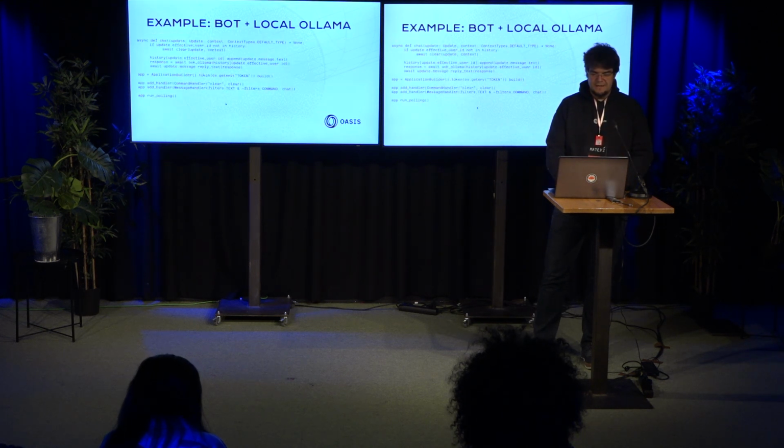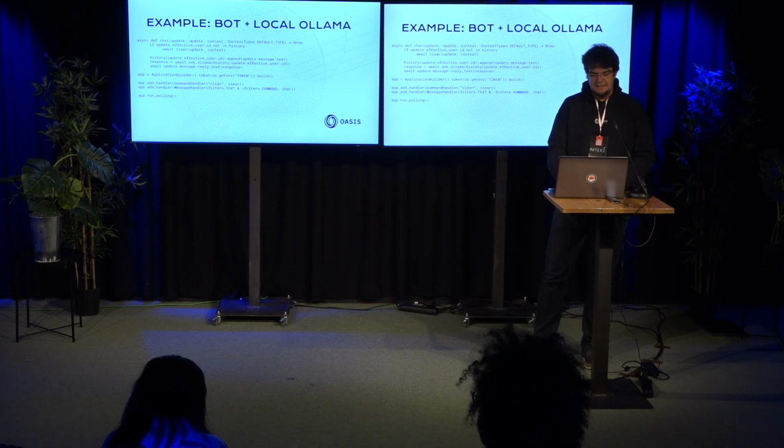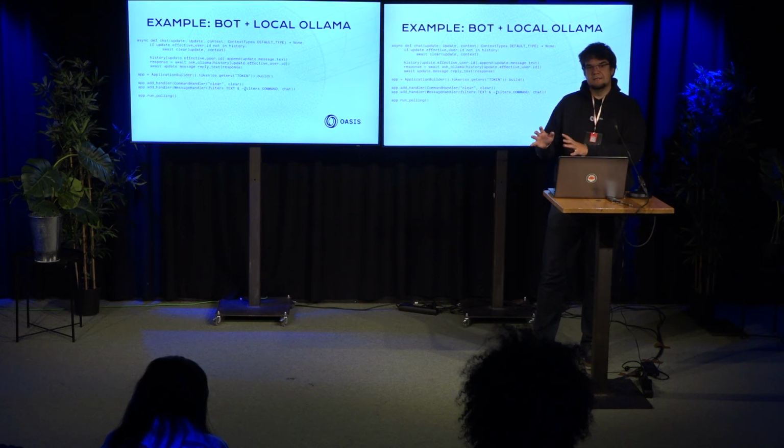In the last workshop, we had /hello, which just pongs you back with hello Matevz. Now I have another command called clear to remove the history. And whatever else comes in is a conversation for your bot.